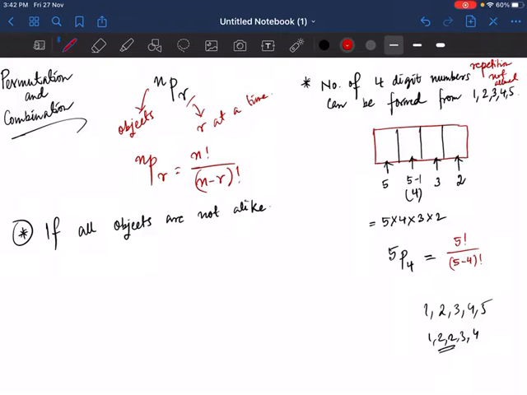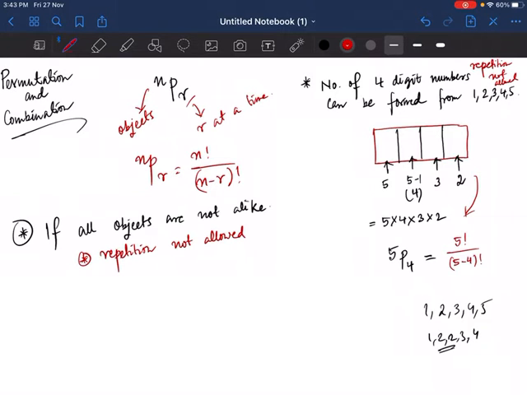Now in this section there are 2 parts. One part is that repetition is not allowed. Repetition means if I have used that object to fill a compartment, I cannot use that object again. We have already done this one.